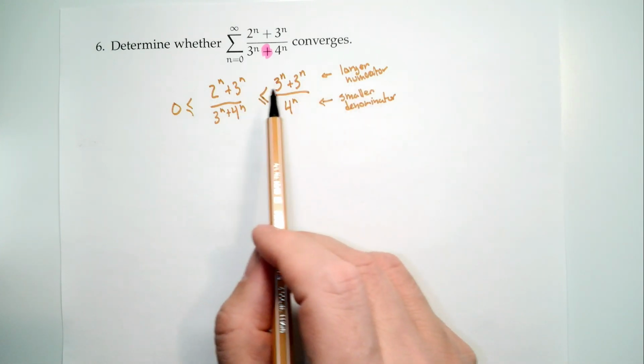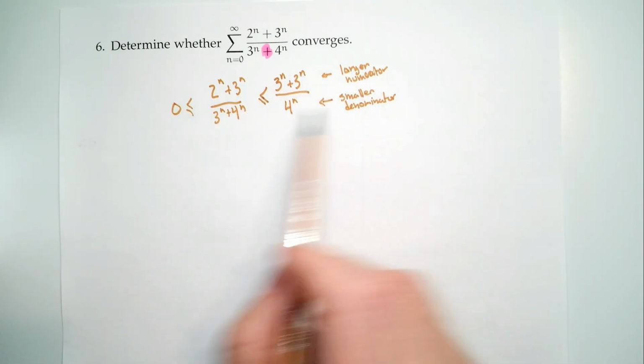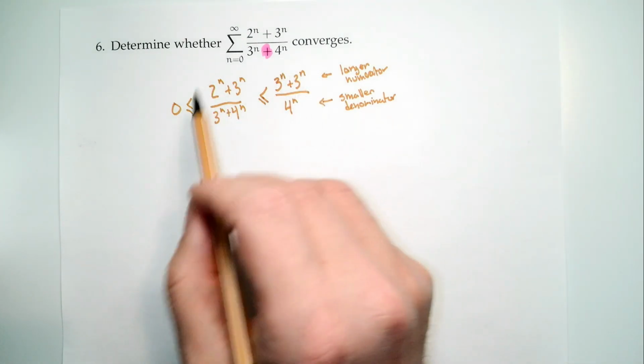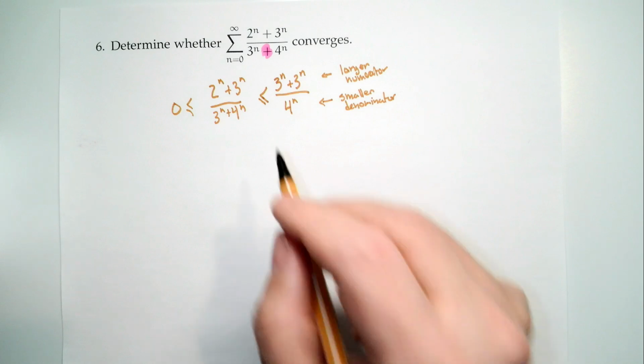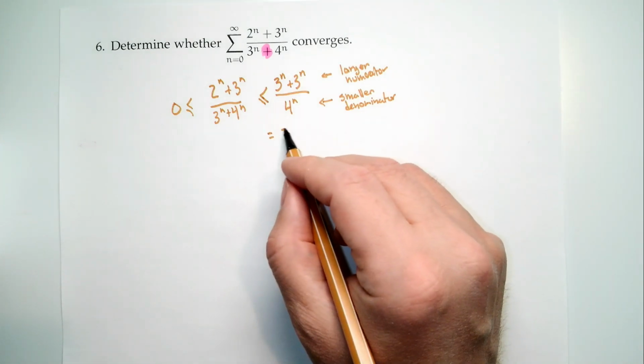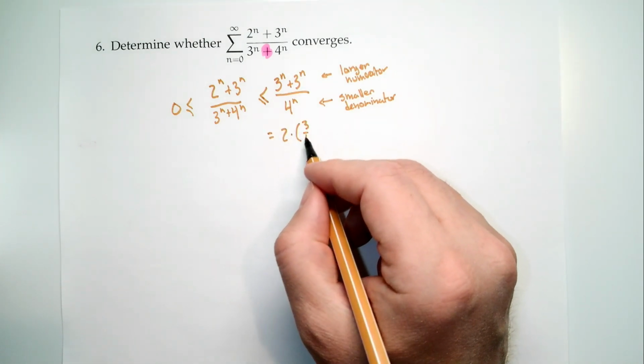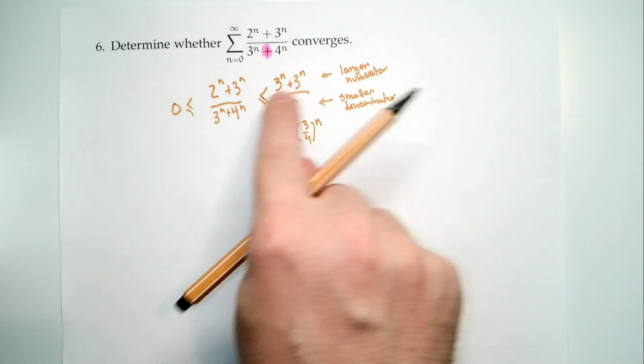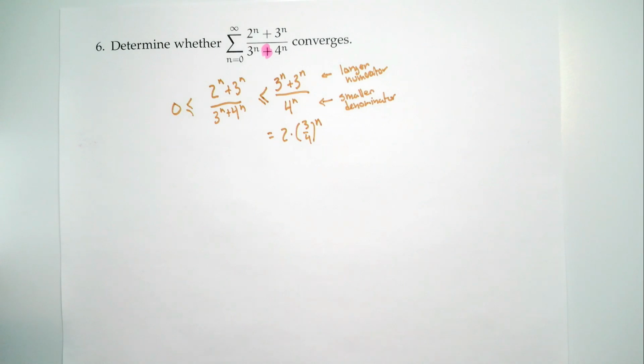We have a larger numerator, smaller denominator. The result is this term on the right is larger than the term in the middle. So that becomes 2 times 3/4 to the n. Because this is really 2 times 3 to the n. See, that's why the bumping up works so well. When you bump it up, then you really can say, oh, look, addition is really simple.